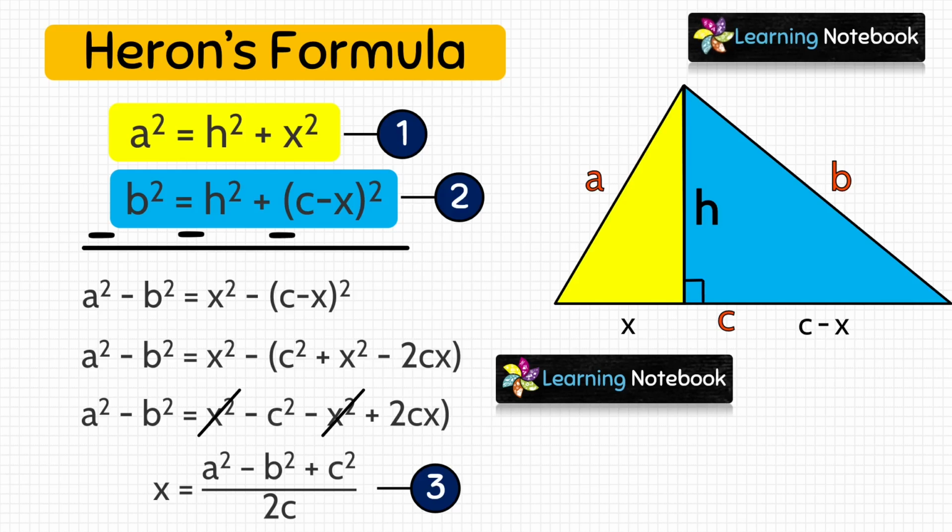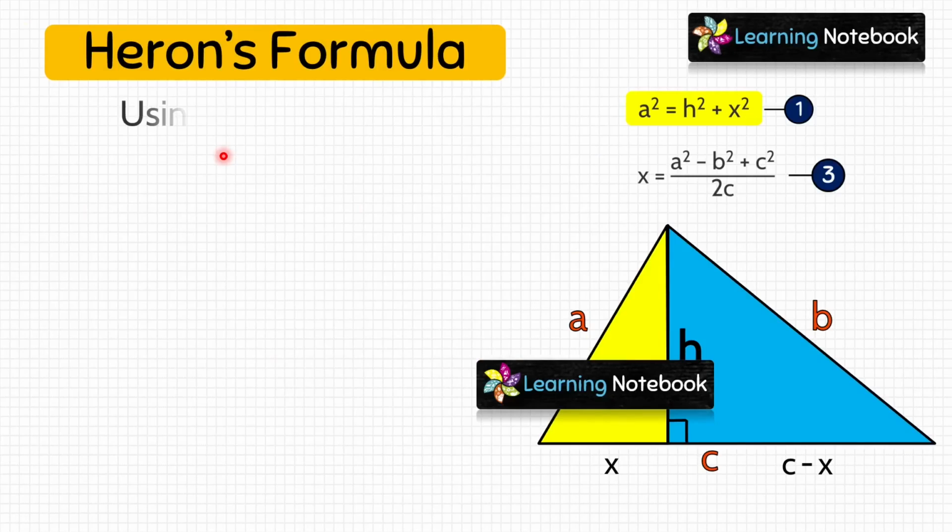Let's mark it as 3. Now students, let's substitute this value of x in equation 1 to get the value of h in terms of a, b and c. So let's do it. Let's substitute the value of x here.